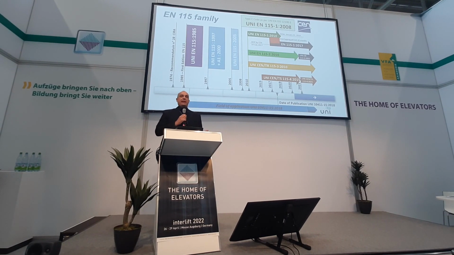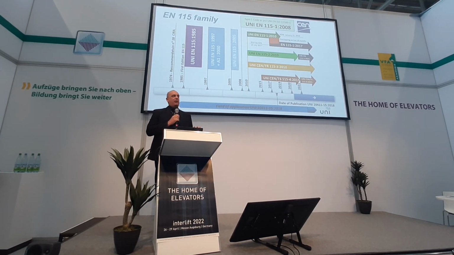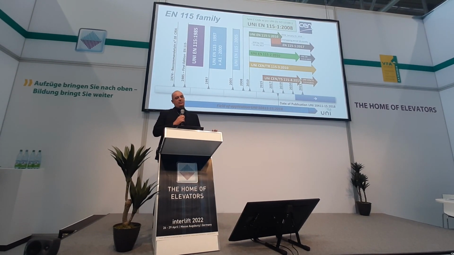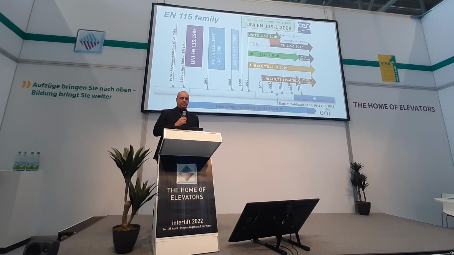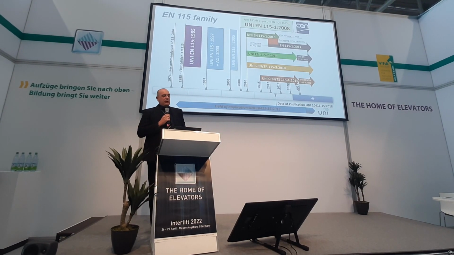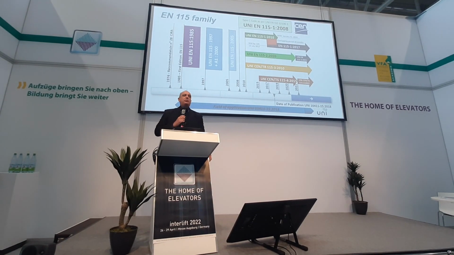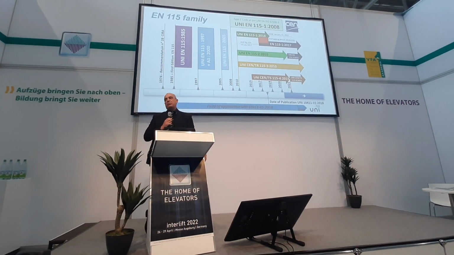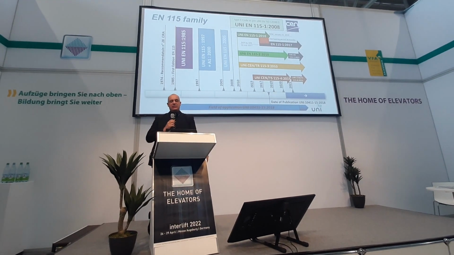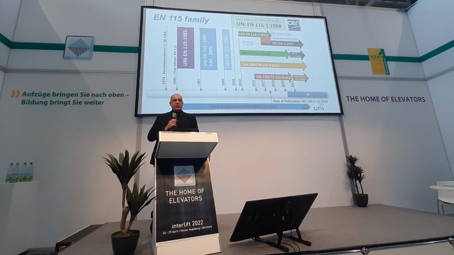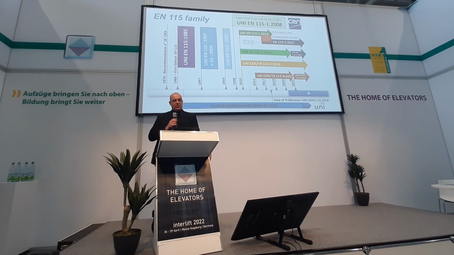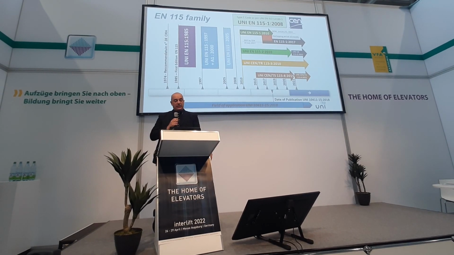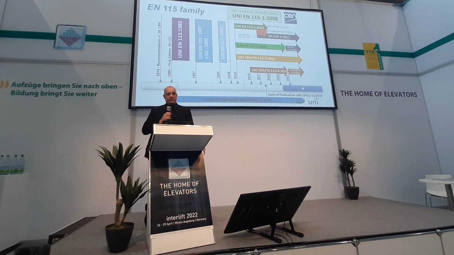So at this point, somebody can ask why you have developed a specific code in Italy if there is already a European code. Okay, we need to remind that EN 115 part 2 is addressing in table B2 about 70 typical risks, and for each risk is given a risk mitigation which is prioritized in high, medium and low priority.